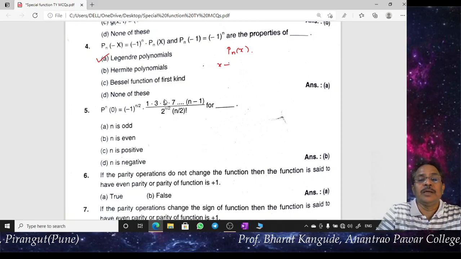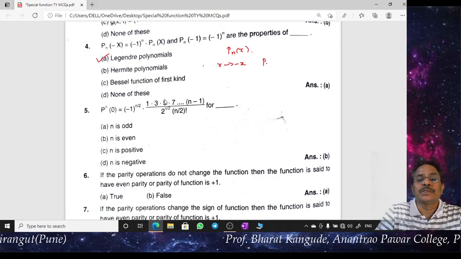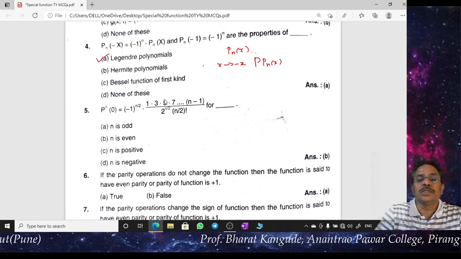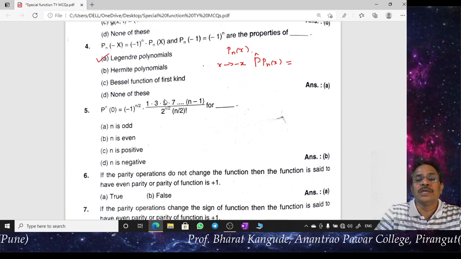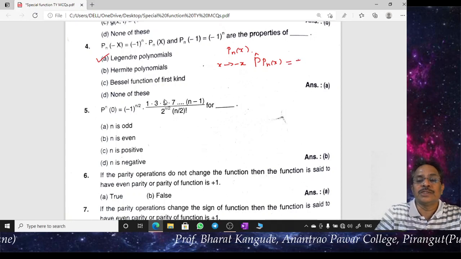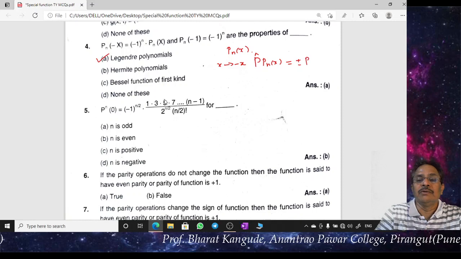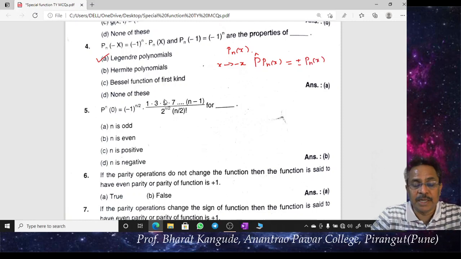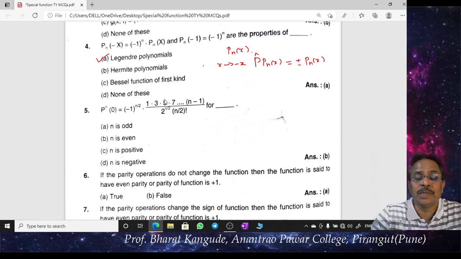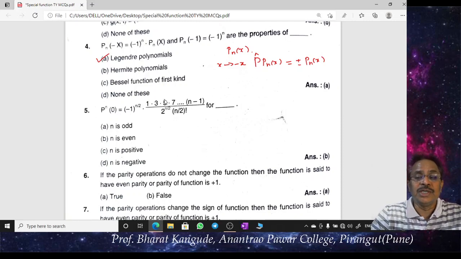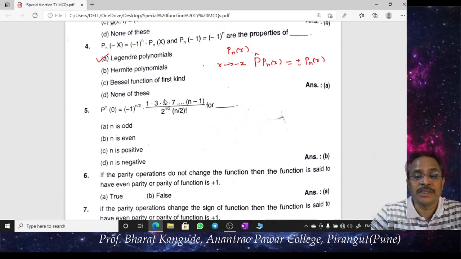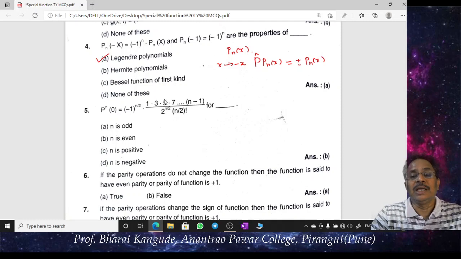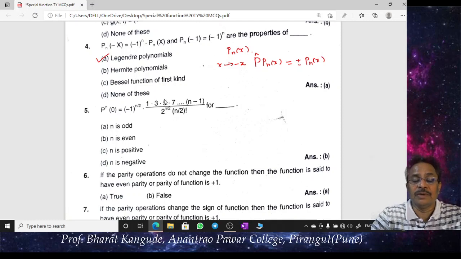Replacing this x by minus x, what happens to the sign of that function Pn of x? So this parity operator, if it is operated over this, it either changes the sign, positive or negative, of the given function Pn of x. So parity operator is operated over x, we are replacing x by minus x. So see the change of the sign of that function, whether it remains the same or it changes.